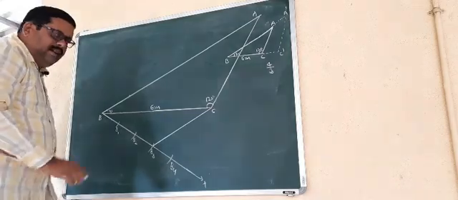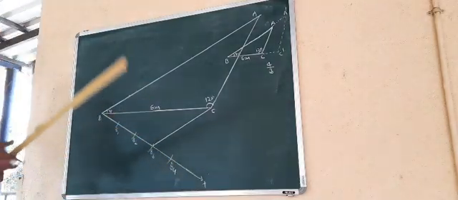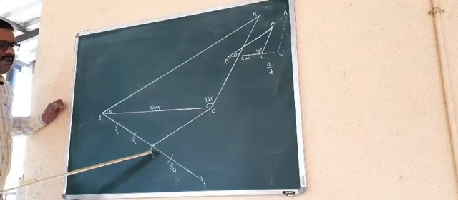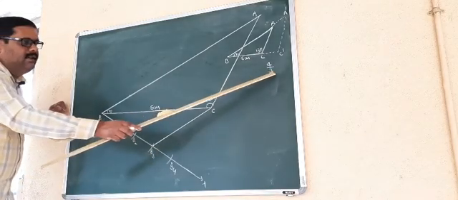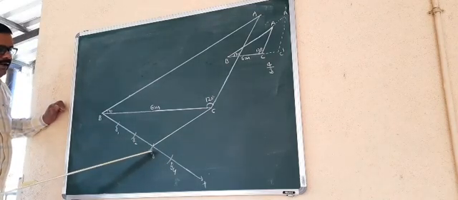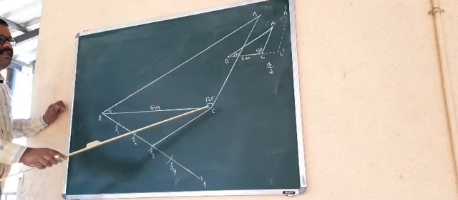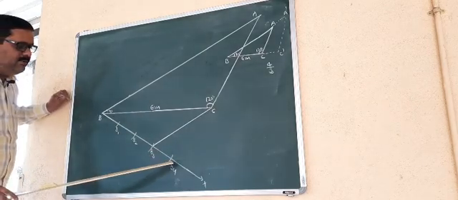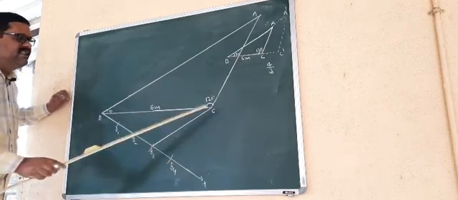Now, construct a parallel line for this B3C. Here we are joining the third part, as the denominator is 3. So, we are joining the part 3 with this point. Now, we have to construct a parallel line at B4 for B3C.